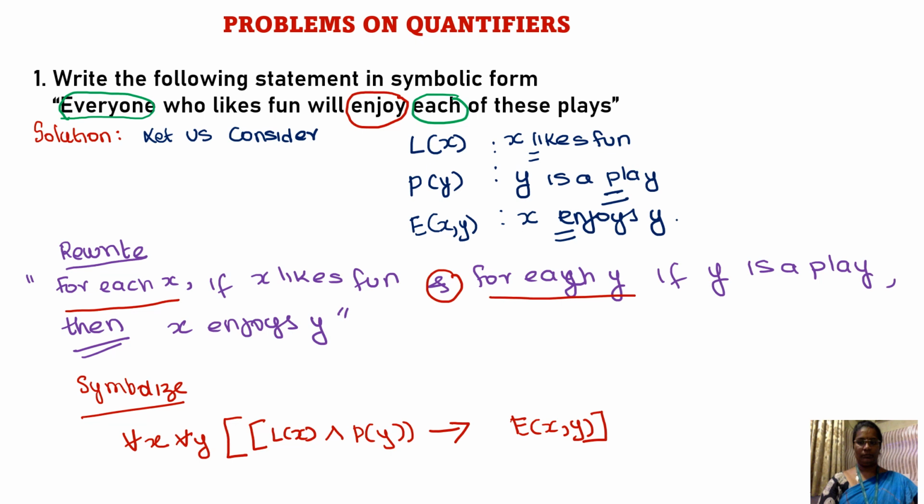I hope you have understood how we identify from the given statement propositional functions with more than one variable, and hence you end up with more than one quantifier too. Let us now look into another example where you can understand symbolization of more than one quantifier and more than one variable with much more clarity.